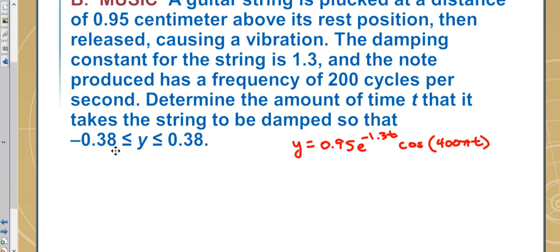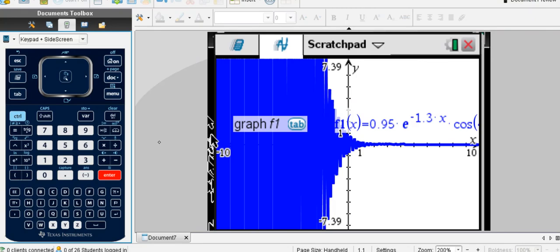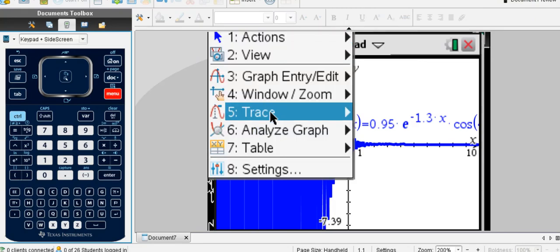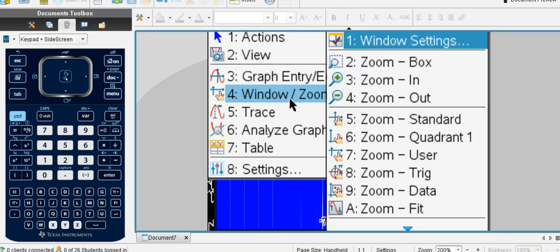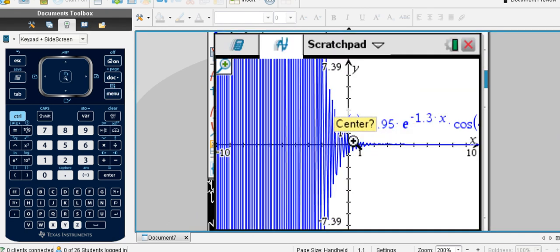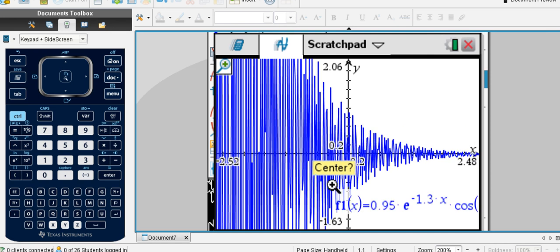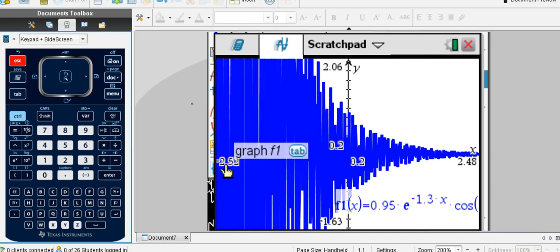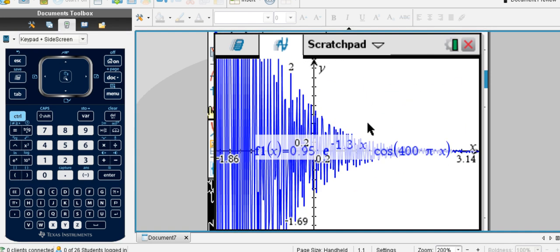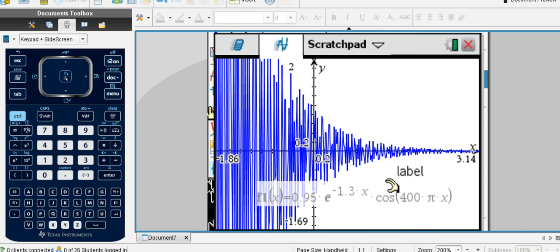Now we want the value to be damped between negative 0.38 and 0.38. So here's how I'm going to do this. First, I'm going to zoom in a little bit here. Analyze, window zoom, and I'm going to zoom in. And now, we want the values to be damped between negative 0.38 and 0.38.